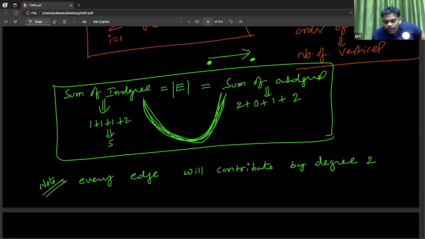Some people are asking, sir, every edge will contribute degree 2, you are saying, but suppose it is a directed graph? At that time, I will write like this: every edge will contribute by 1 in degree and 1 out degree. When I say degree, it is an undirected graph, so every edge will contribute by degree 2.